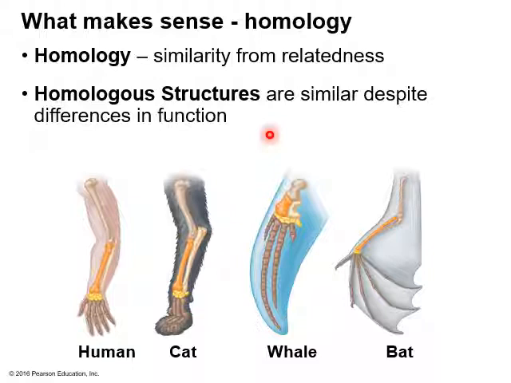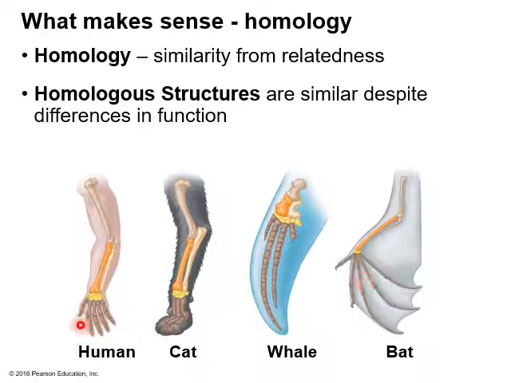If you look at the forelimb of these different things, the same bones are there in all of them. Humans, cats, whales, bats, we all have a humerus, right there. We all have a radius, that's the orange one there. We all have carpals, those are the yellow ones. And we all have digits.